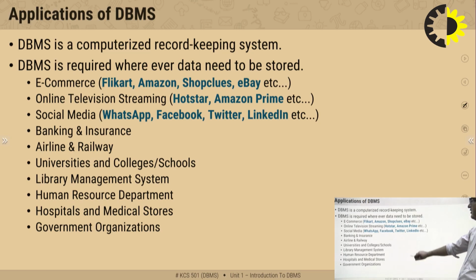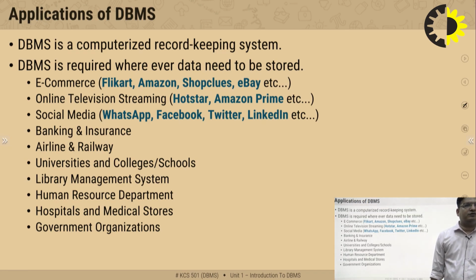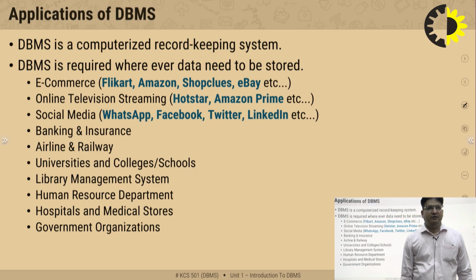As an example, we can consider the various e-commerce sites: Flipkart, Amazon, Shopclues, eBay, etc. Second, the online OTT platforms like Hotstar, Amazon, Netflix. And what else? Social media. Social media is very vast: Twitter, Facebook, LinkedIn, Telegram. All these come under social media.